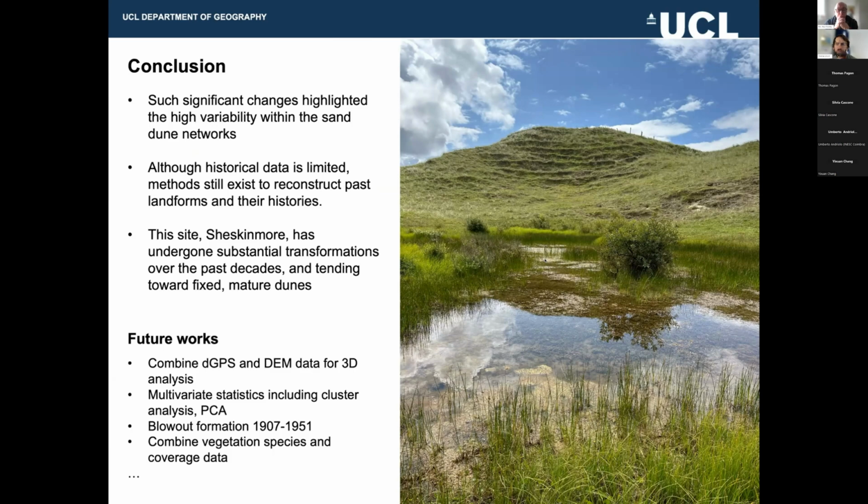This site, Sheskinmore, has undergone substantial transformation over the past decades, tending towards a more fixed and more vegetated state. There is other work I would like to do in the future, including combining DGPS and DEM data for 3D analysis, and some PCA and multivariate analysis and so on.